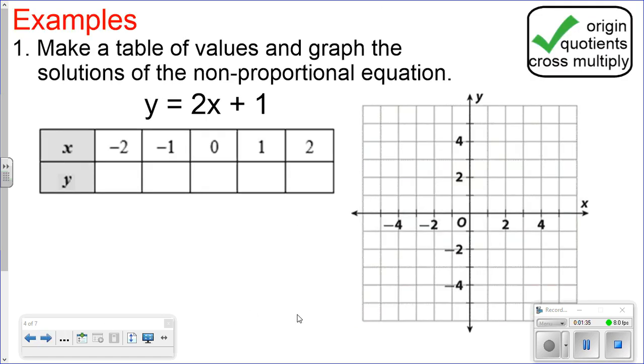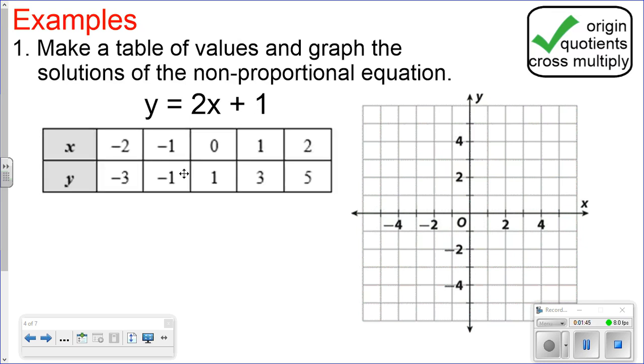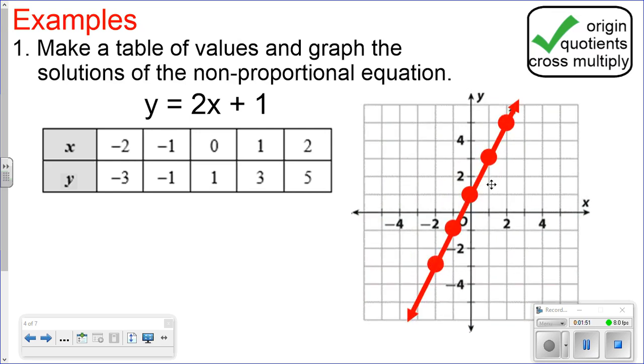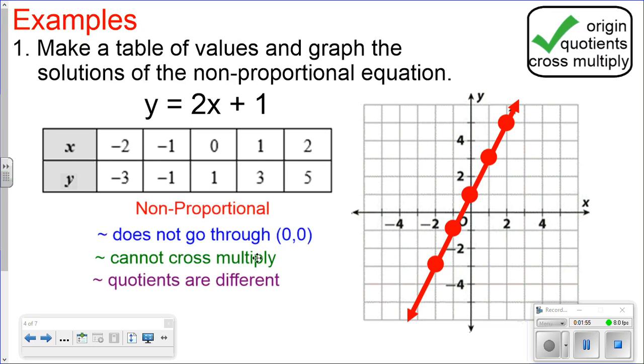So for example, this says make a table of values and graph the solutions for the non-proportional equation. So I look at this equation, I immediately know it's non-proportional. So if I fill in the numbers, and then I'll come over here and graph it, I can see immediately it's not proportional. How can I tell? Well, it doesn't go through 0, 0.